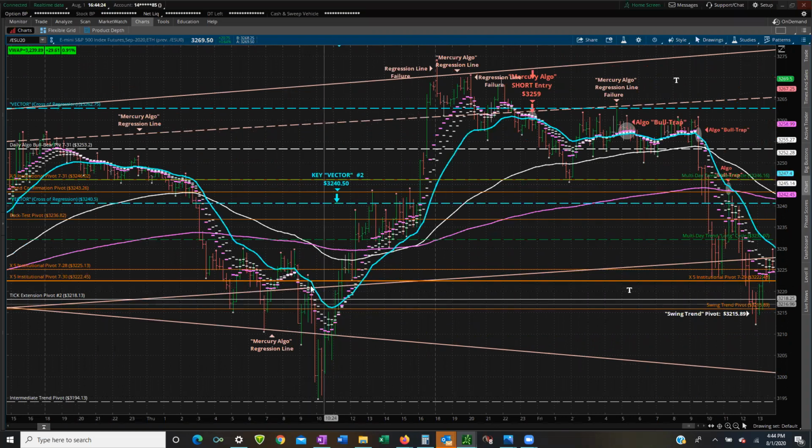So here you have a long entry. Now again, you don't chase it. You wait for that pullback. Now notice what we have coming in here. This purple line is a really long cycle algo, and it's such a long cycle that a lot of days it doesn't even come into play.